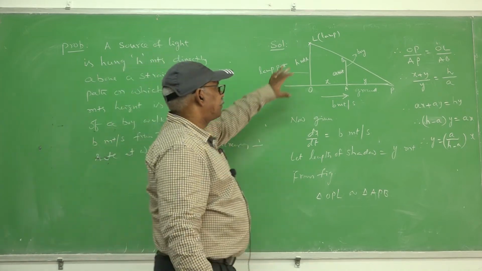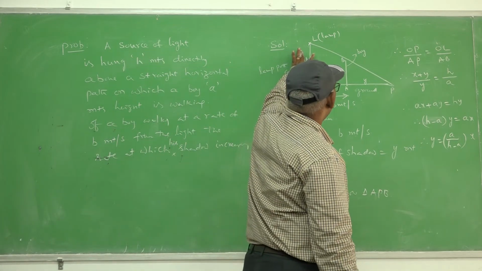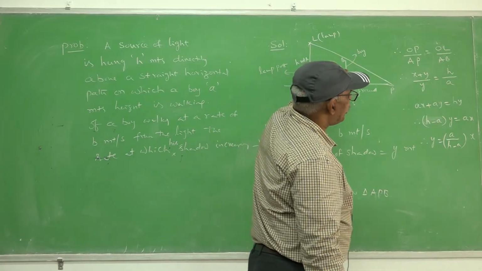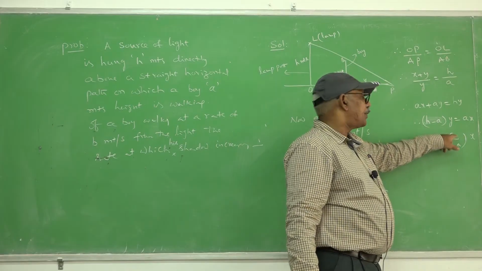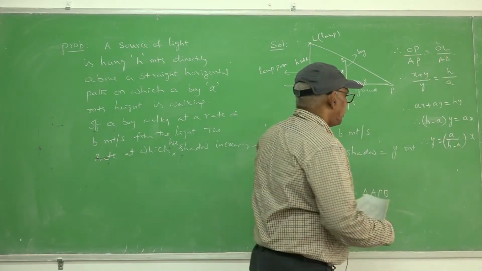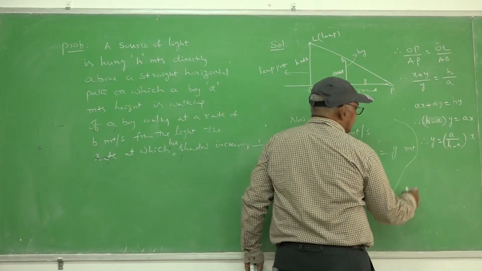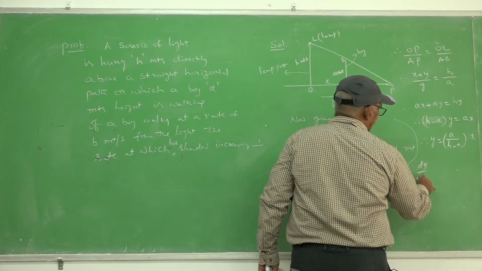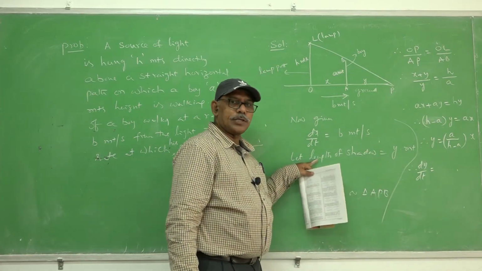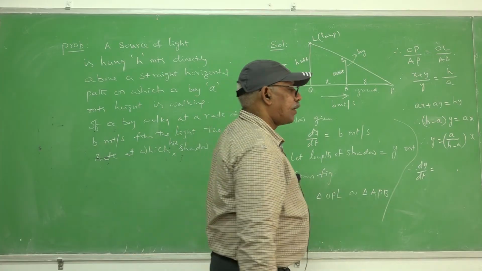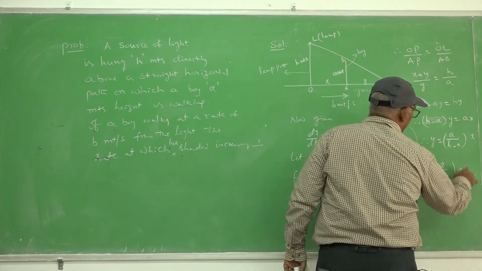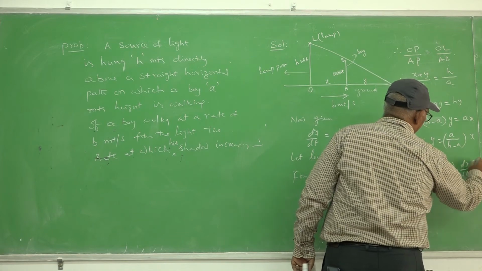H is fixed, the height of the lamp post is fixed, and the height of the boy is also fixed. H is fixed, a is fixed, hence a by H minus a is constant. The variables are y and x. Therefore, dy by dt, the rate of change in y, which means the rate of change of the shadow, is a by (H minus a) into dx by dt.